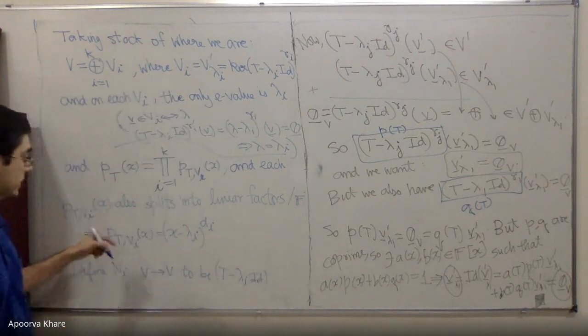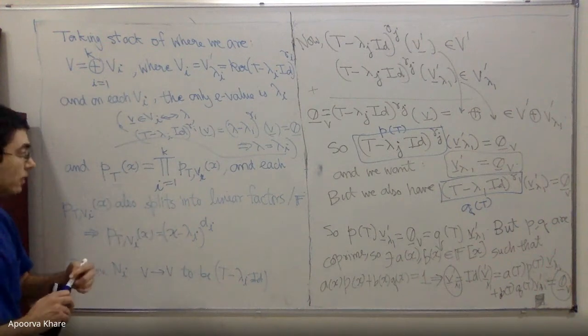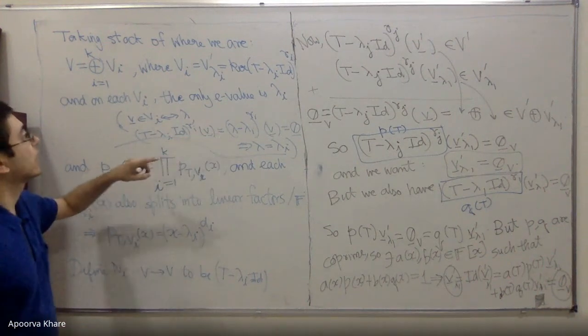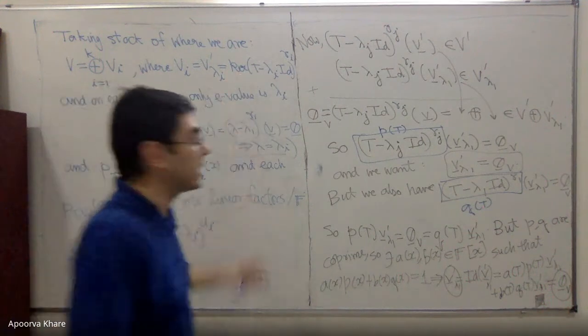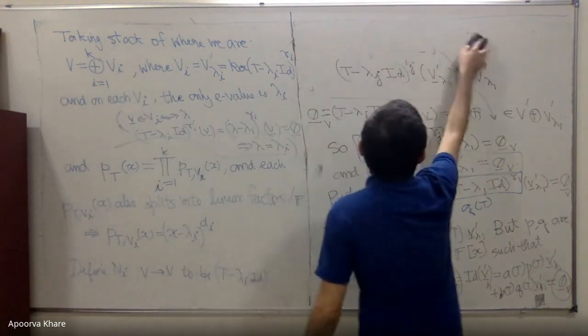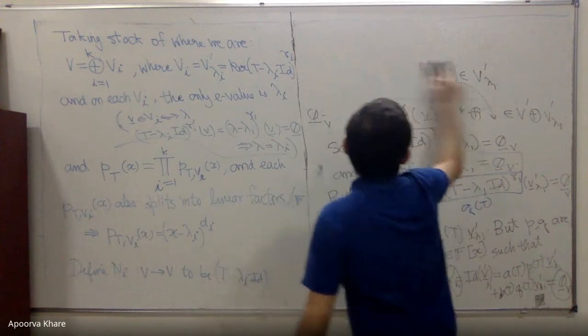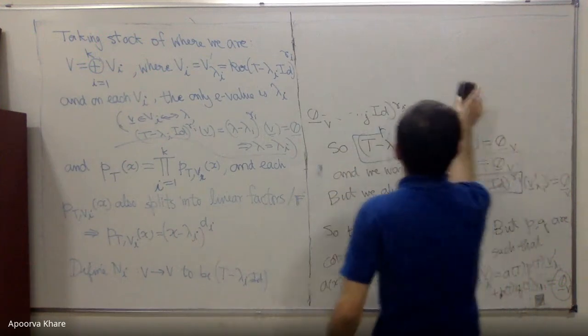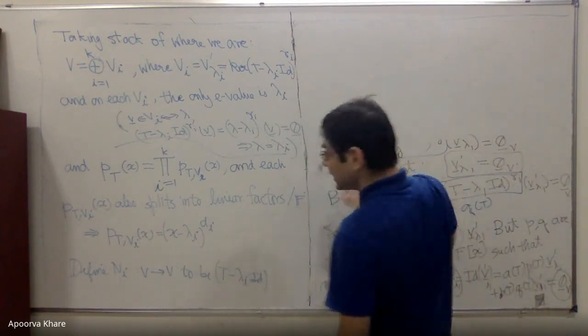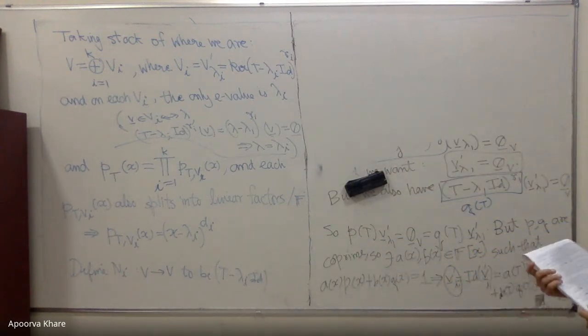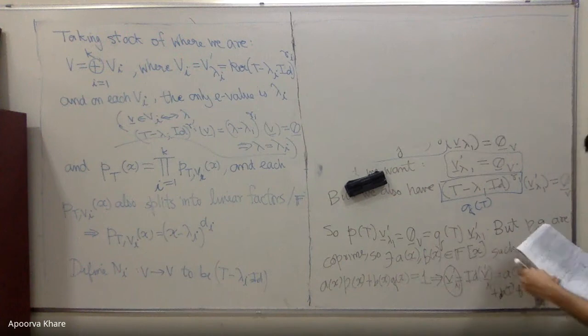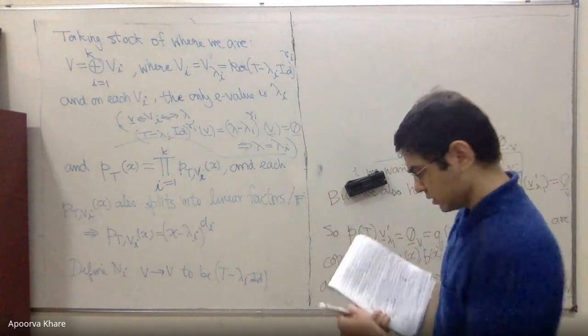It says that N_i to the power r_i is identically 0 on V_i, because V_i is the kernel of that. So it gets entirely killed by N_i to the power r_i. So N_i is a linear map whose power is identically 0. Such maps are what we call nilpotent.